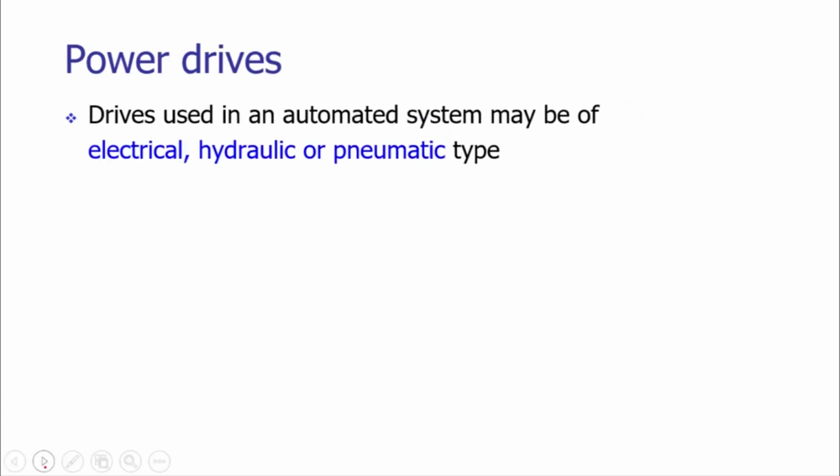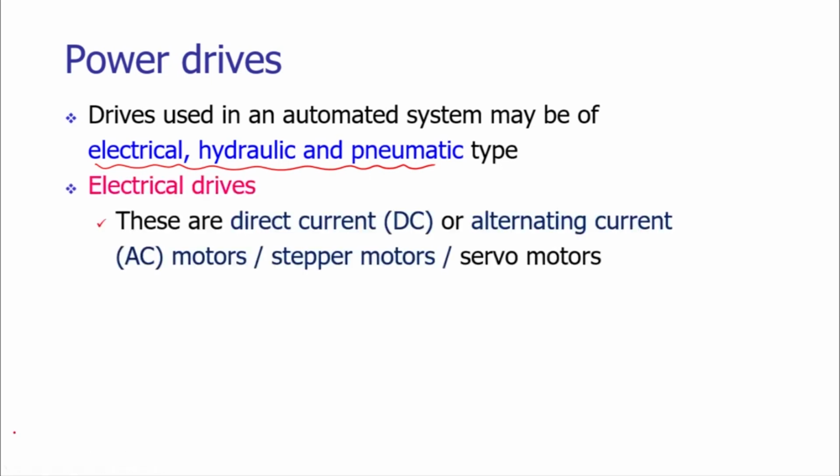In an automated system, three different types of drives are used, and these are electrical drives, hydraulic drives, and pneumatic drives. The electric drives mainly include the DC motors, that is the direct current motor, and alternating current motor. The electric drives also comprise stepper motors and servo motors.